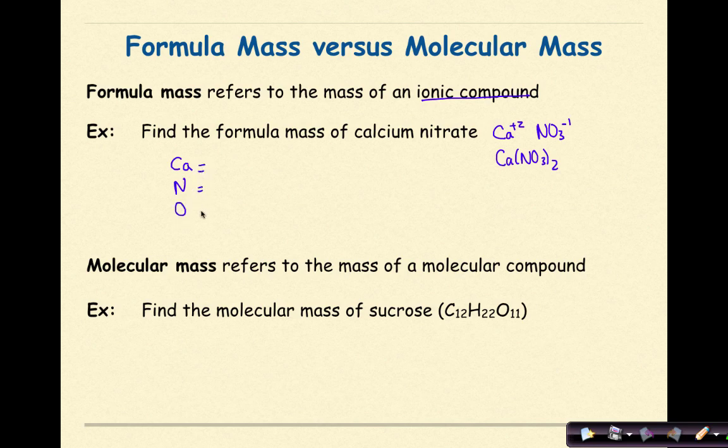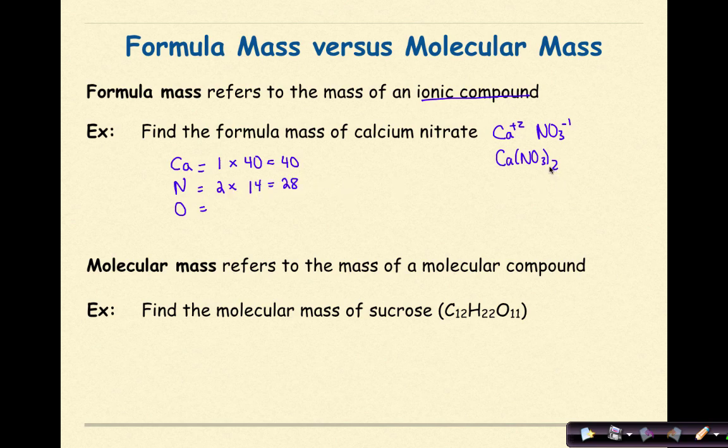When I look at this formula, I can say I have 1 calcium, and the atomic mass of calcium, roughly, is around 40. So 1 times 40 is 40. For nitrogen, because this 2 distributes through the parentheses, I have 2 nitrogens, and the atomic mass of nitrogen is 14. So 2 times 14 is 28.